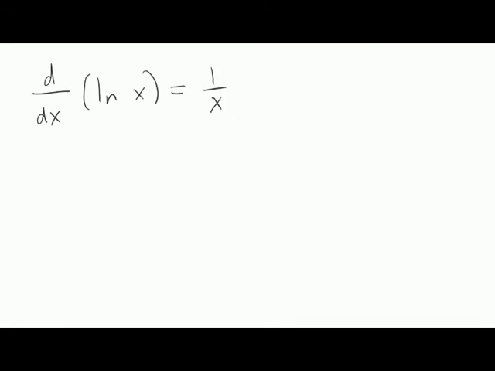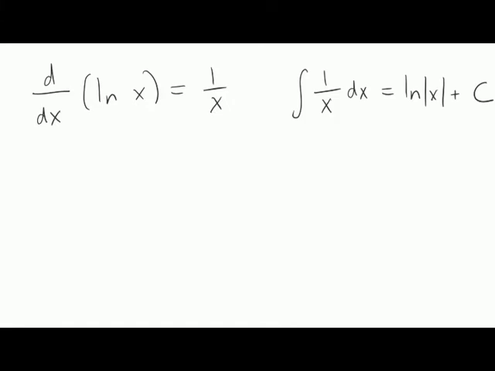We also get this integration formula where the indefinite integral of 1 over x dx is the natural log of absolute value of x. The absolute value comes because there's a difference between the domain of 1 over x and the domain of natural log of x. And of course, because it's an indefinite integral, we can't forget the plus c.